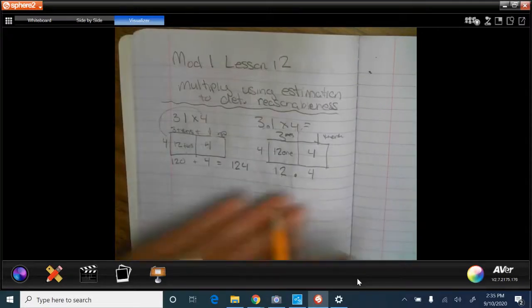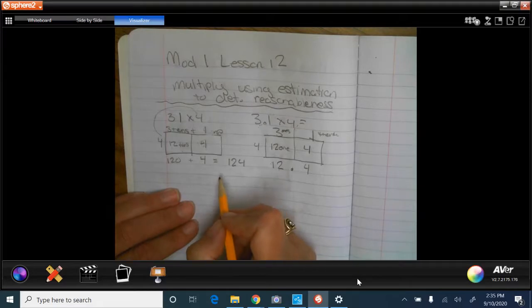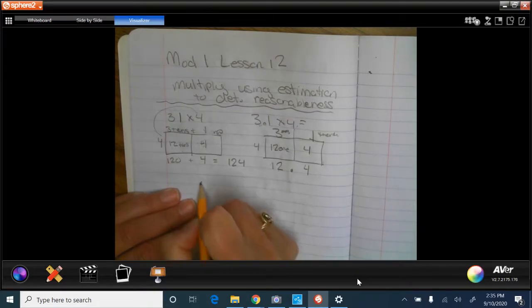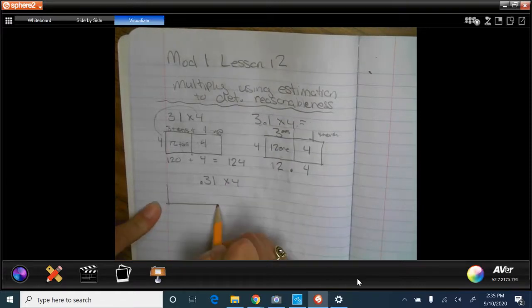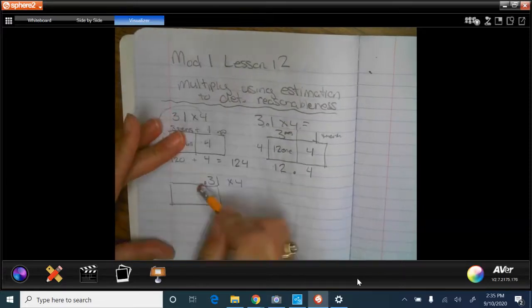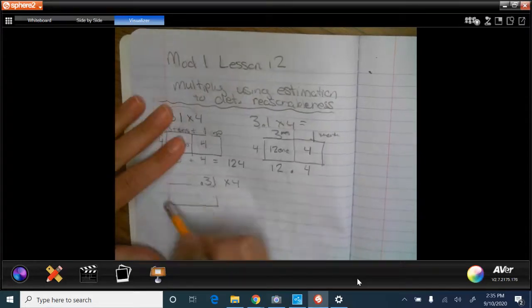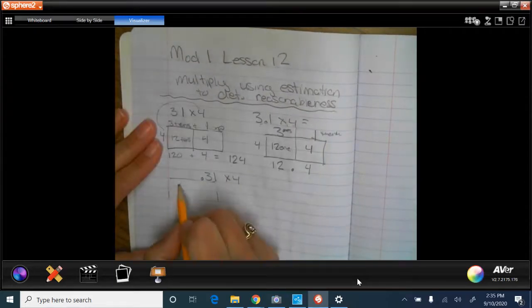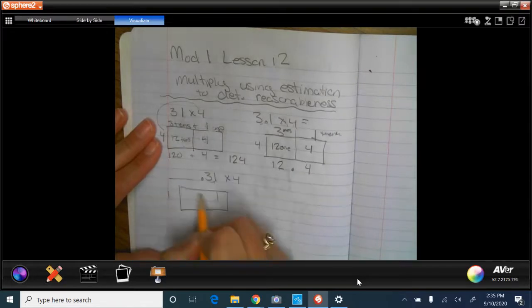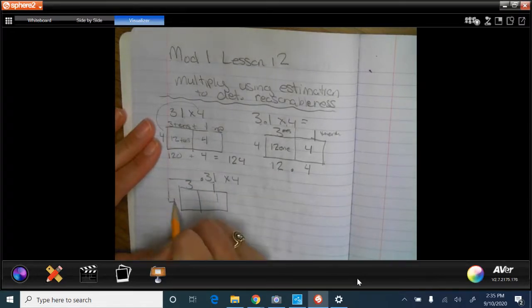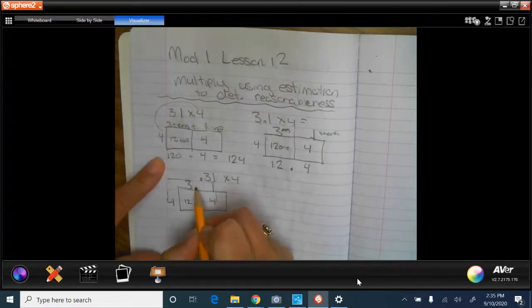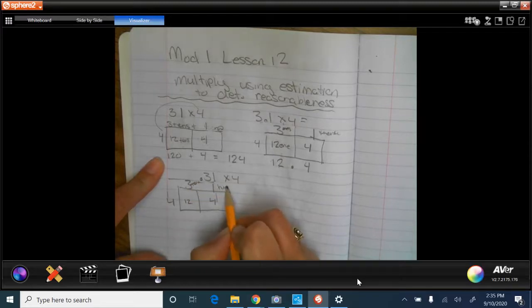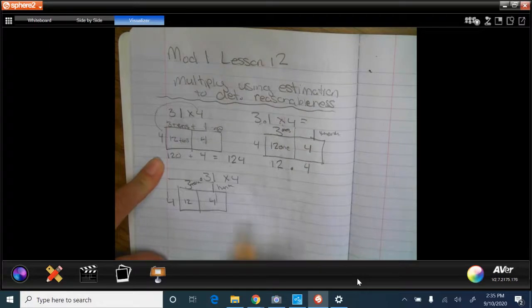So the same would be said if I had 31 hundredths times 4. The area model just goes again. Oops, I should give myself more space. The area model goes the same again, right? I still have a 3, I still have a 1, I still have a 4. This is still going to be a 12. This is still going to be a 4. Only this time this was in the tenths place, and this time this was in the hundredths place, right?